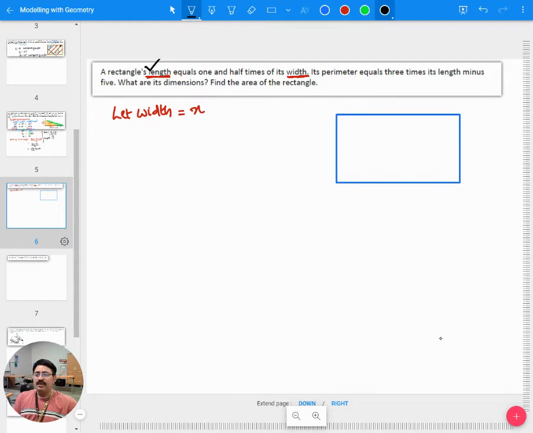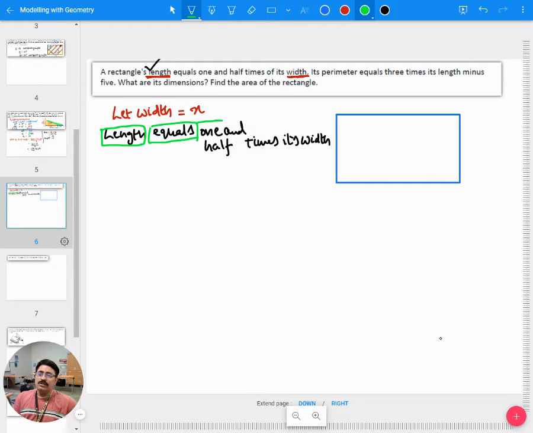You may write the whole statement. This part I am writing: length of a rectangle equals 1.5 times its width. You may split this into small boxes so that you can better understand.